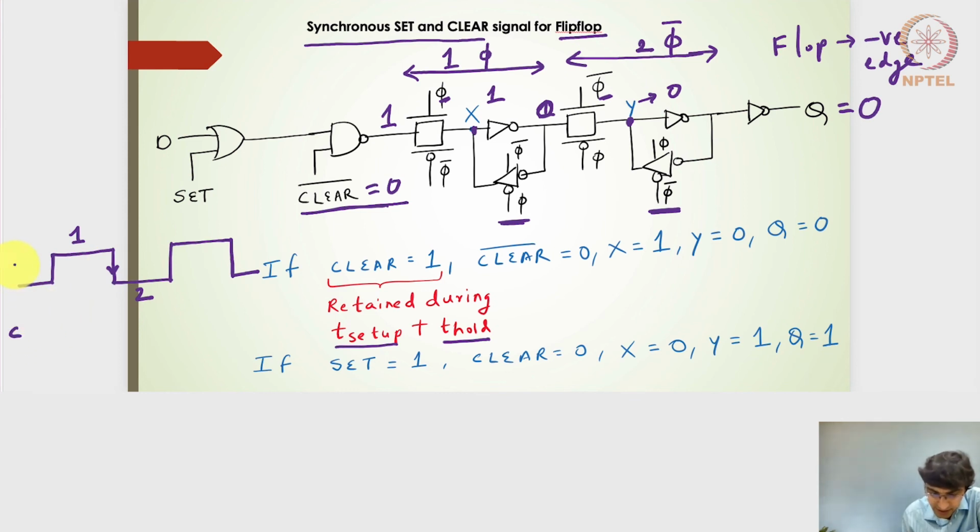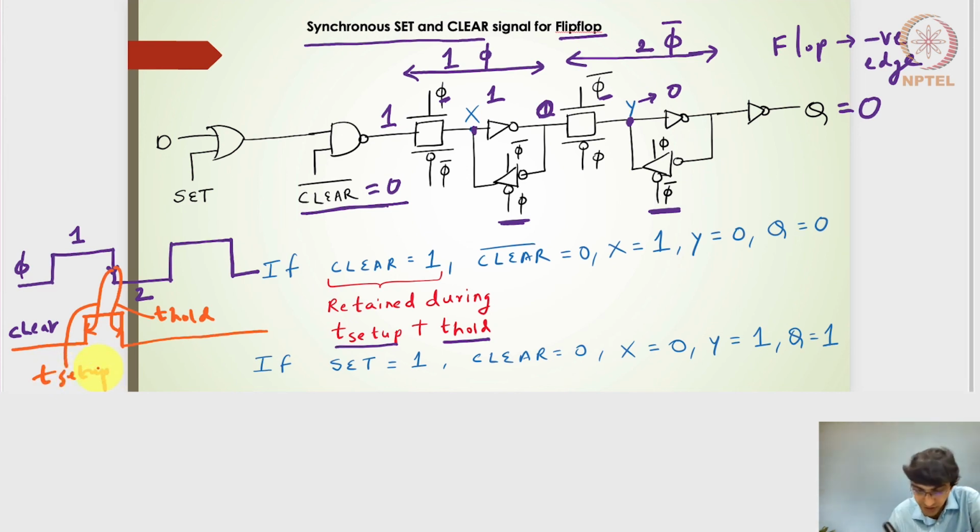This is the clock signal, and let me draw the clear signal also. The clear signal should be pressed before the t setup time, and it should be retained till the t hold time at least. So this is the t hold, and this is the t setup time.